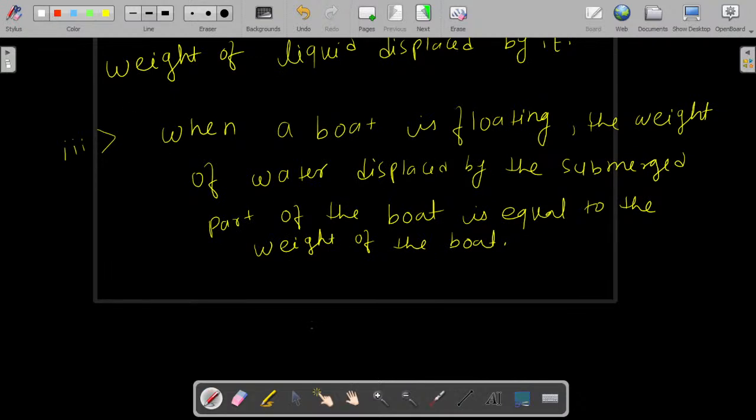So suppose you draw this diagram also. This is an ocean or sea, and this is a boat. When it floats, it also displaces some water. Draw it.